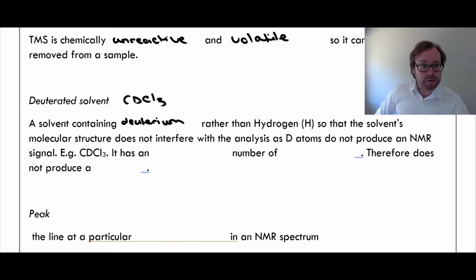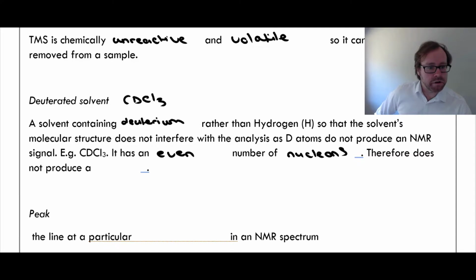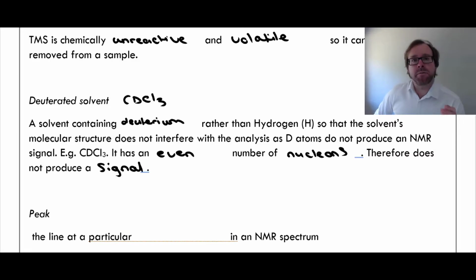And the reason why we do this is because deuterium has an even number of nucleons, therefore does not produce a signal. Now we said that NMR spectroscopy works because 1H and 13C both have uneven numbers of nucleons.